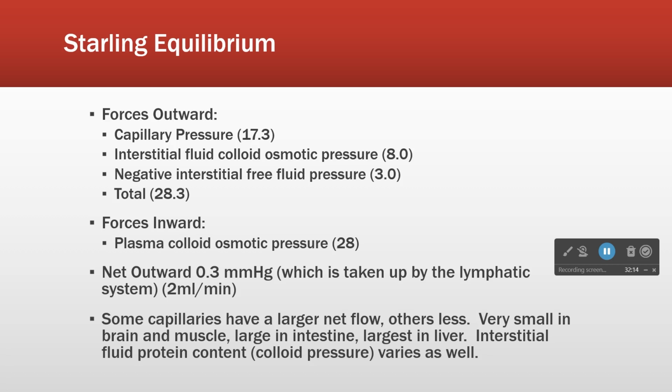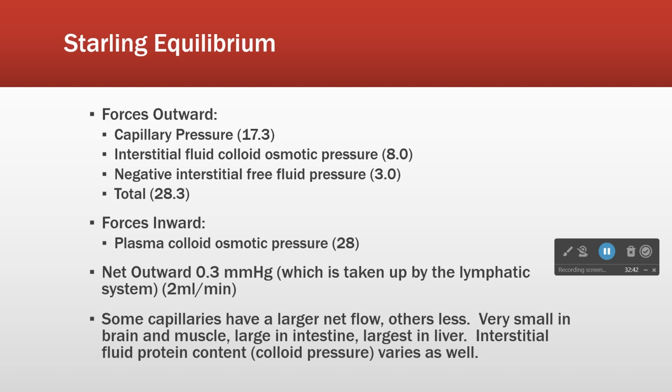The Starling equilibrium discusses how we put all of these forces in play at the capillary bed all together at once. Okay, so we have our outward forces, capillary hydrostatic pressure, right? Interstitial fluid colloid osmotic pressure, so this is the pull of the interstitial fluid because of its solute.